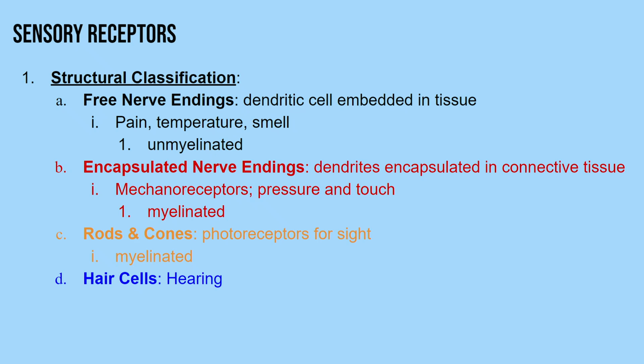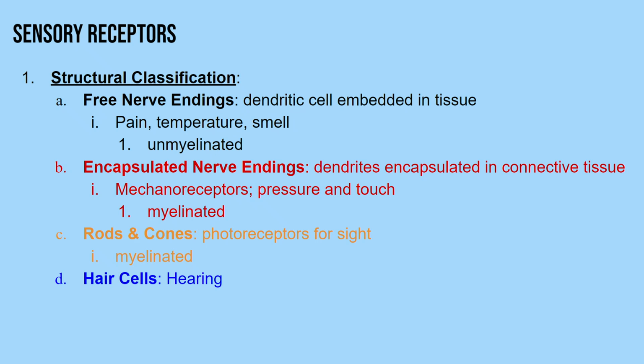Encapsulated nerve endings are pretty much the same thing, but they're in connective tissue and they're myelinated, and they also are for mechanoreceptors, which is pressure and touch. And then 2 sensory receptors for special senses are rods and cones, which are photoreceptors for sight in the back of your eye, and those are myelinated.